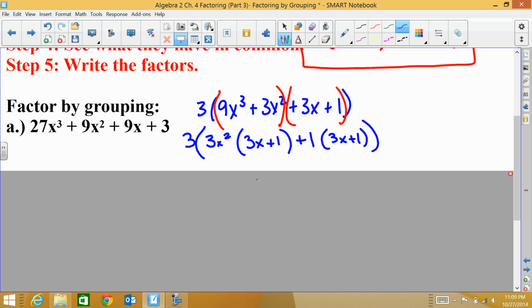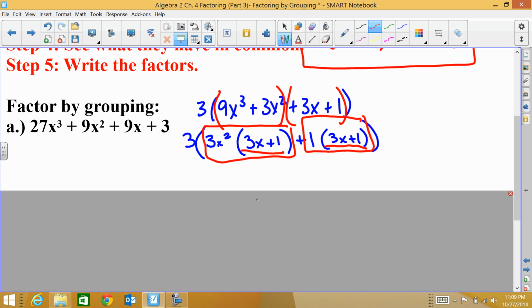So now, if you look at what you have in common, this is 3x plus 1, and this is 3x plus 1. So if I think of this as one whole term, and this as one whole thing, they both have 3x plus 1 in common. So that is the greatest common factor I will take out now.